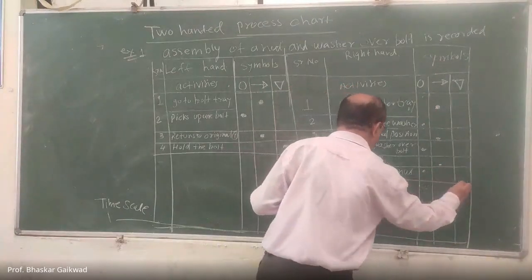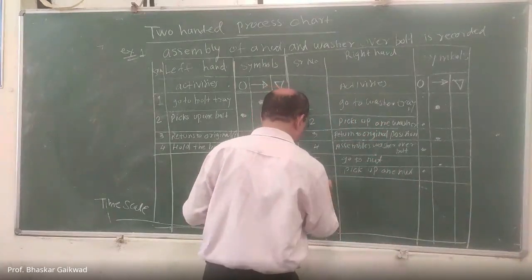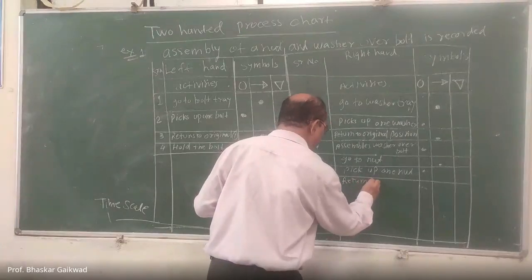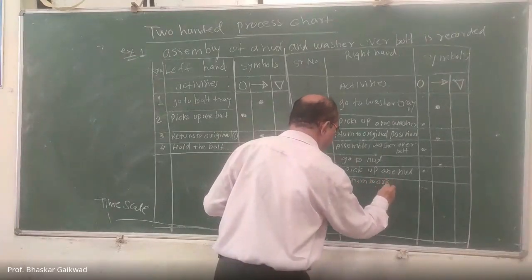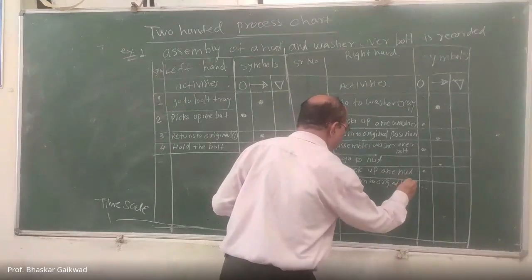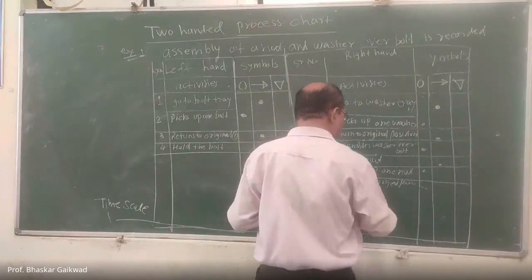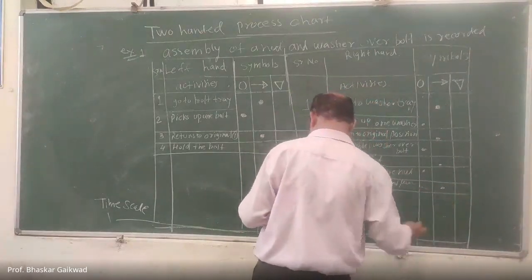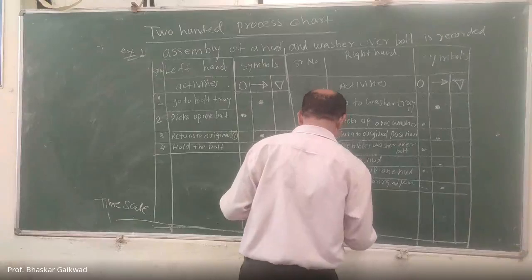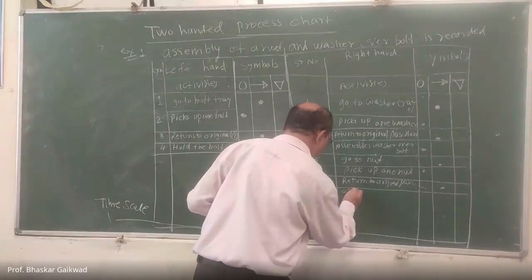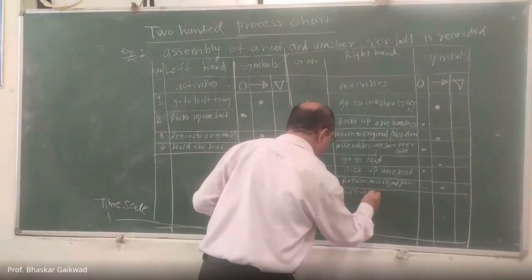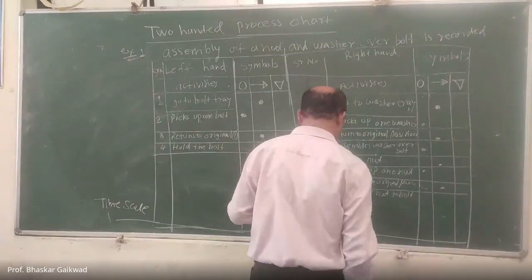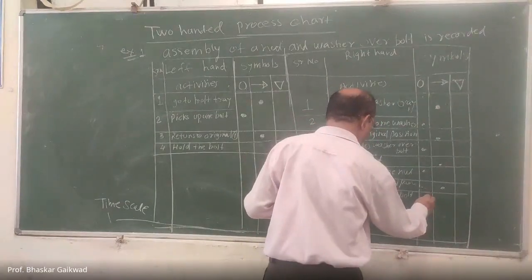And it returns to the initial position, the original position. So returning to the area, there is a transportation. And what is the eighth? Assembly at the initial position, there is an operation.